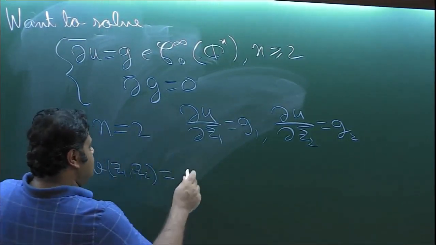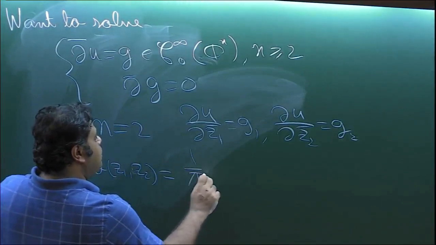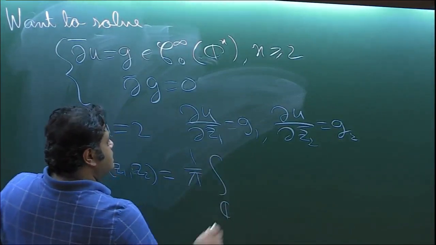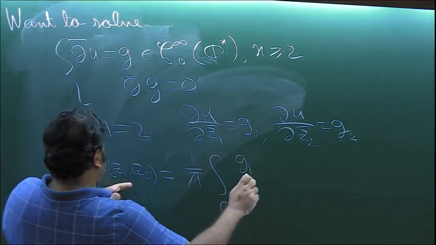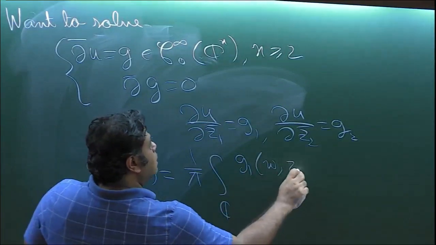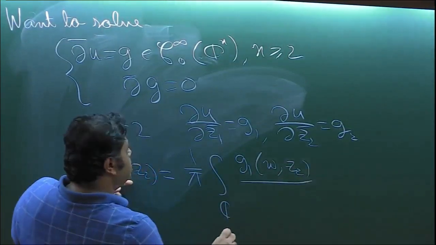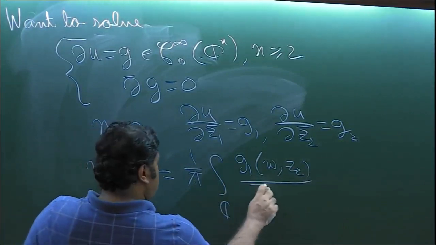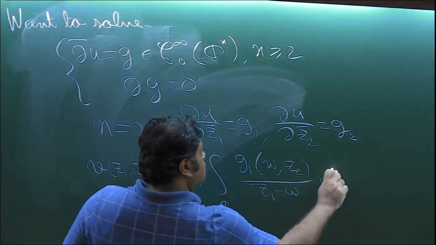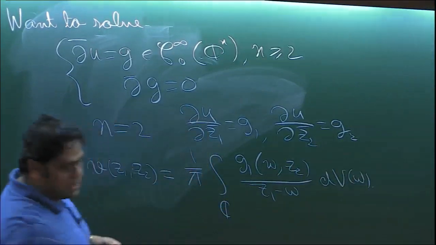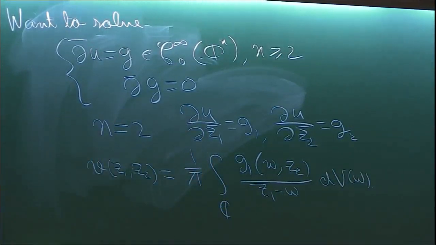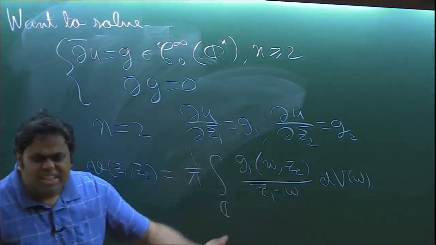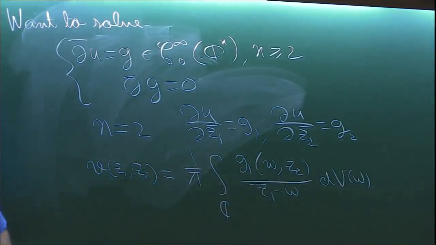So this v is given as 1 over pi integral over C of g1 of w, z2 divided by z minus z1 minus w dv. From what we saw, the right hand side is very nice, compactly supported, so v is smooth and everything works.